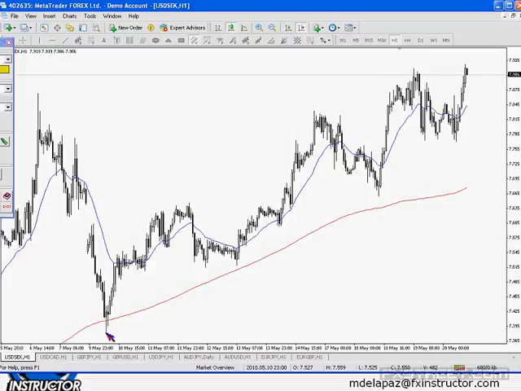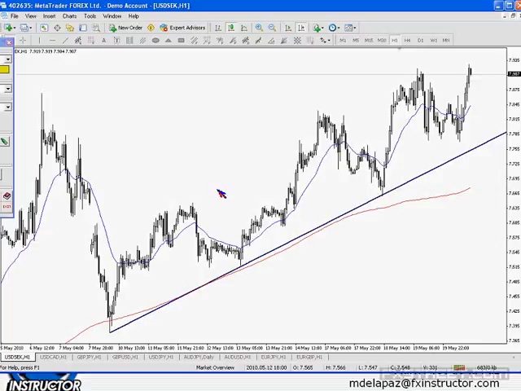Nice support in Swedish krona. And supposedly, if we use Fib channels, we can come up with support and resistance levels going forward beyond the reference point of our charts. So let's see if it works. Where's our tool? Here we go.